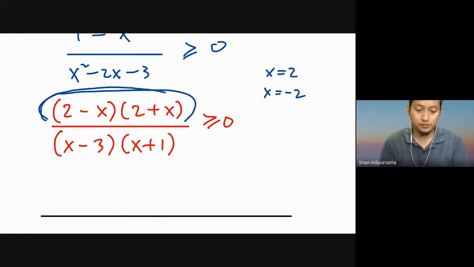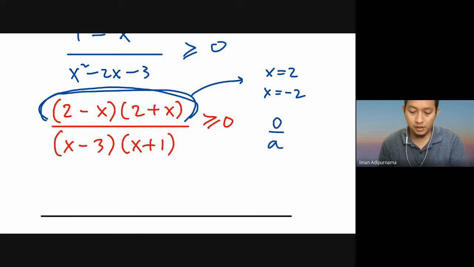That's the logical reason why it has 0, right? Because if this is 0 over some number, it's still 0. So we need to make this top one 0. So this will be our 0.